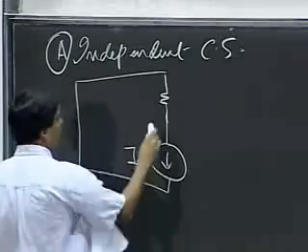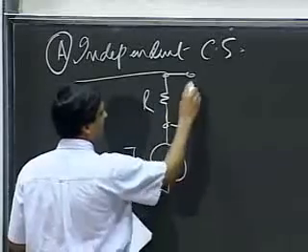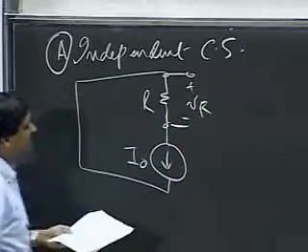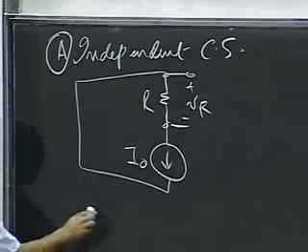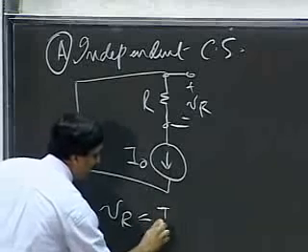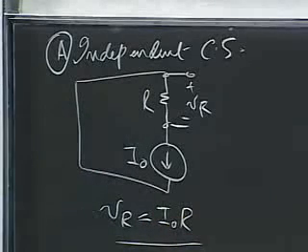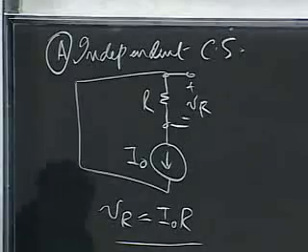Remember the circle? And some resistor R. And let's say I care about the voltage across the resistor. Okay, so I have current I0 flowing through it. So I can very quickly write down VR as simply I0 R. It's the drop across the resistor when a current I0 flows through it. Okay, so this is what you've been used to doing.